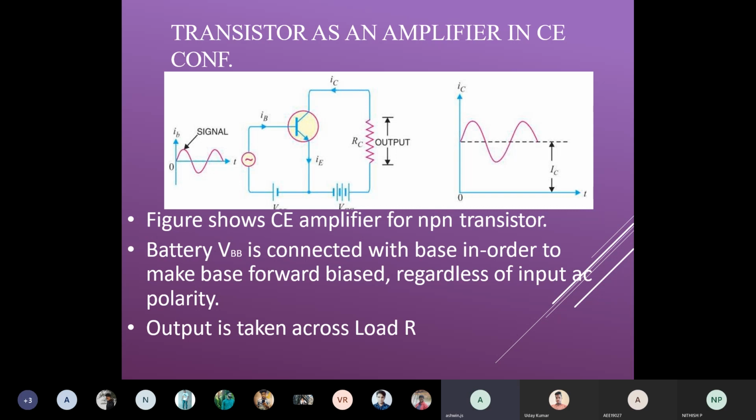There I'm going to give an audio signal which has a very small voltage. Based on that voltage I will drive the base current, and that base current will improve the collector to emitter current. So this is the actual operation.